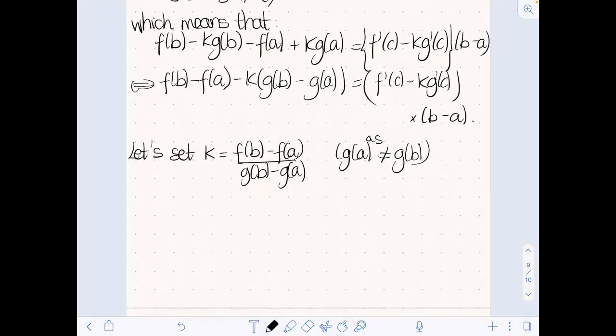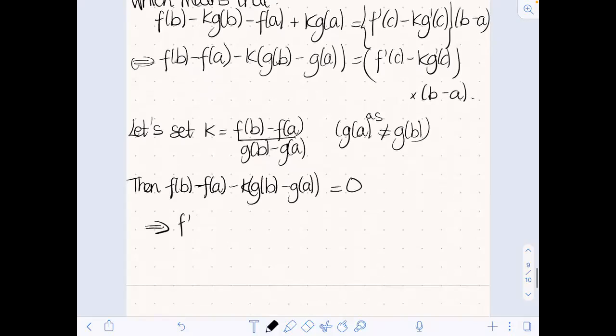So then f of b minus f of a minus k times g of b minus g of a is equal to 0. So what that means is that f prime of c minus k g prime of c, times b minus a, is equal to 0.